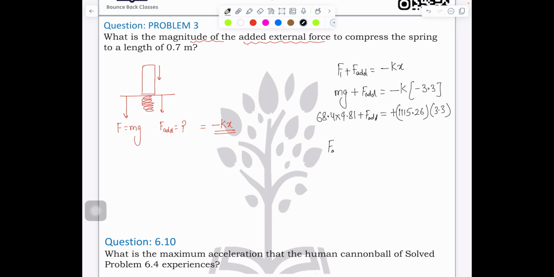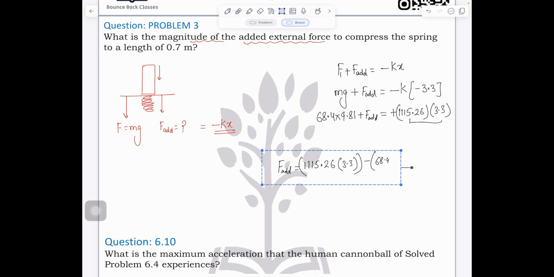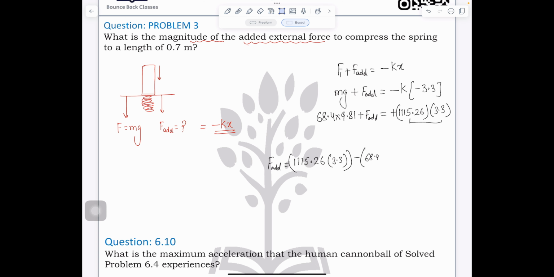So F added should be equal to 1115.26 multiplied by 3.3 minus 68.4 multiplied by 9.81.